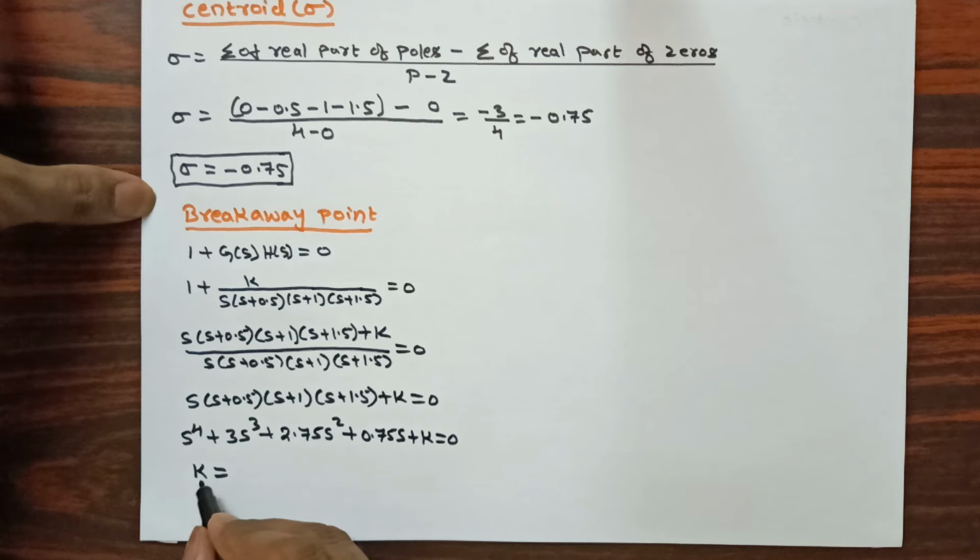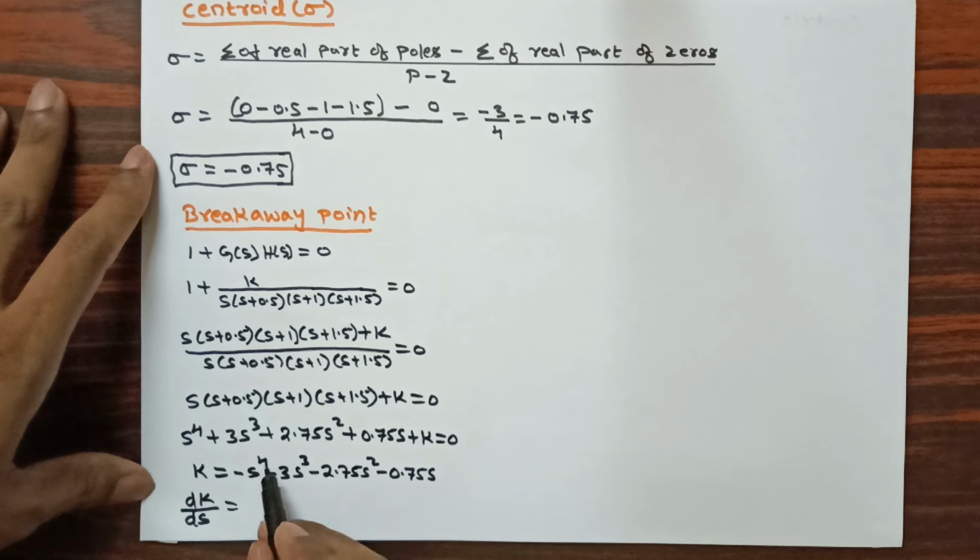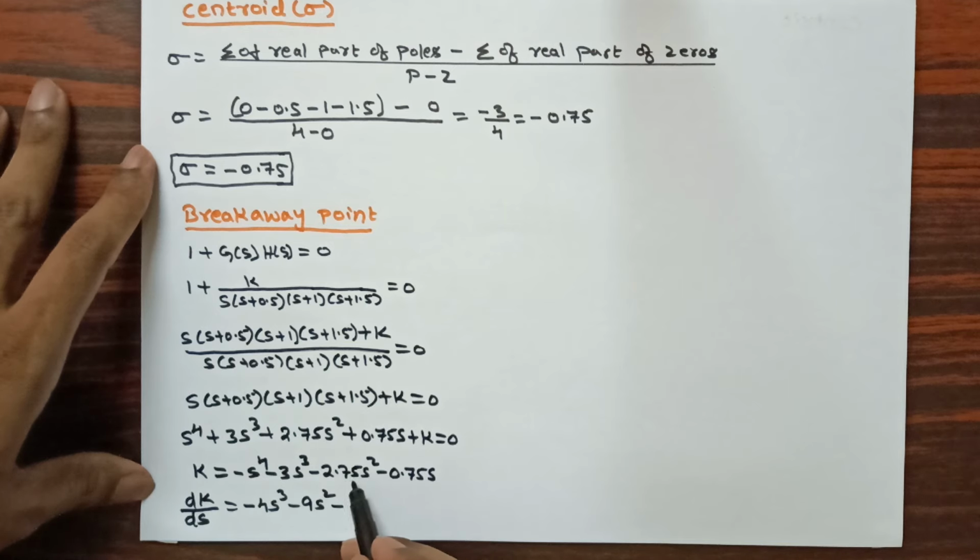Now by differentiating this k equation with respect to s, I will get dk by ds is equal to minus 4 s to the power 3 minus 9 s to the power 2 minus 5.5 s minus 0.75 is equal to 0.